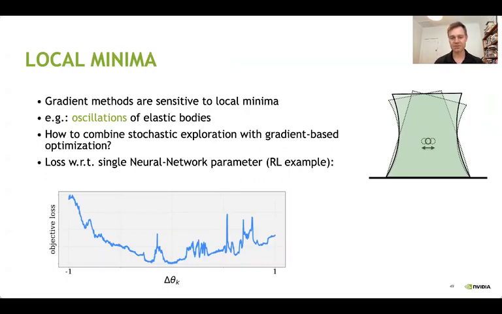This is a real problem: the loss landscapes that we have are so noisy with so many local minima. We need more work to figure out how to actually explore these and optimize them efficiently. I think that will almost certainly require some combination of stochastic exploration with gradient-based optimization.